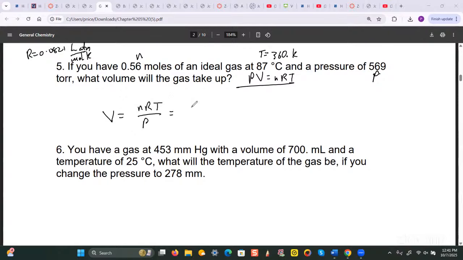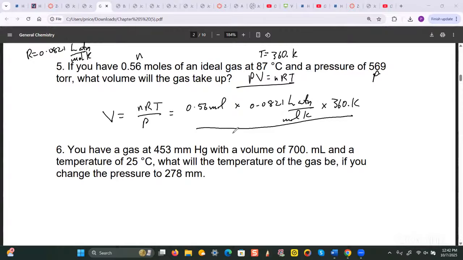So for N, that's 0.56 moles times R, which is 0.0821 liters atmospheres over mole Kelvin, multiplied by the temperature, which is 360 Kelvin, and then we divide all of that by the pressure, which is 569 torr.